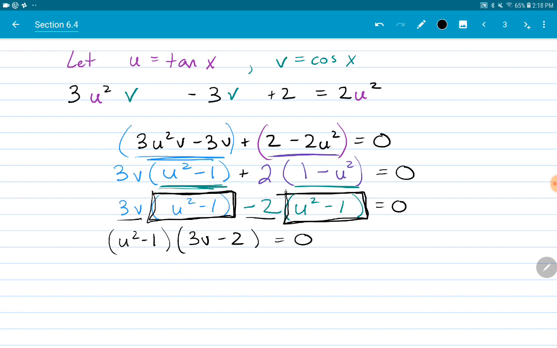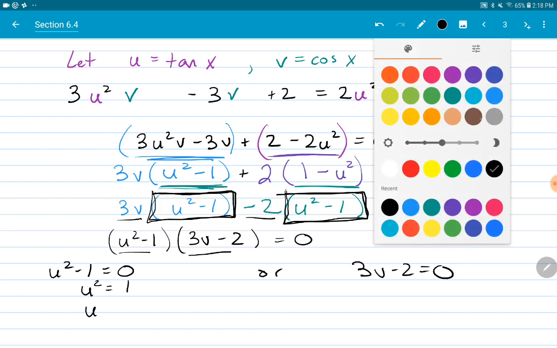And now I can use the zero product property. So I have either u squared minus 1 equals 0, or 3v minus 2 equals 0. Any time two numbers multiplied together equals 0, one of them must be equal to 0. Now solving each of those for the variable, I get u squared equals positive 1.